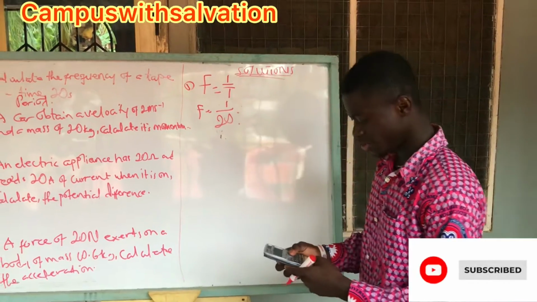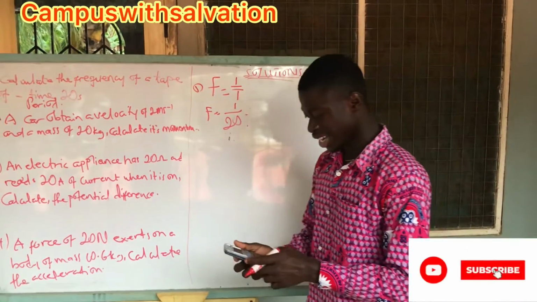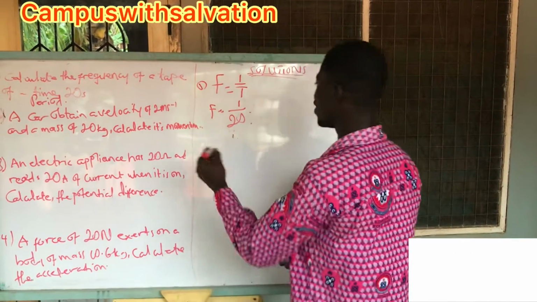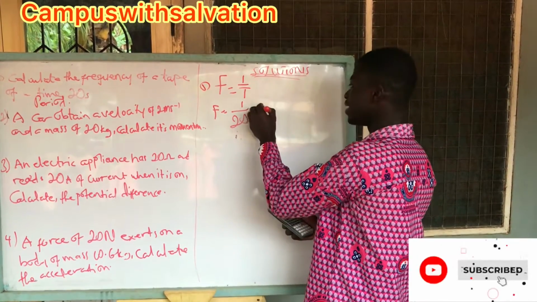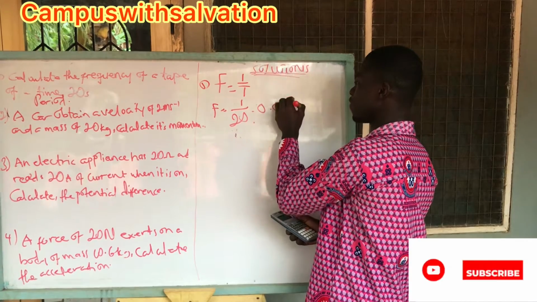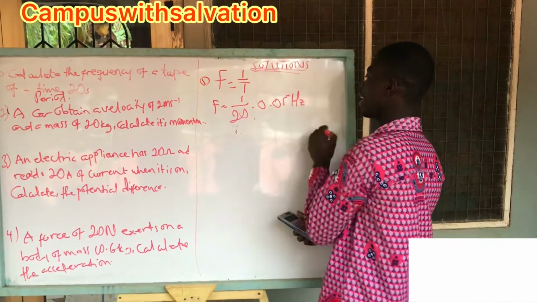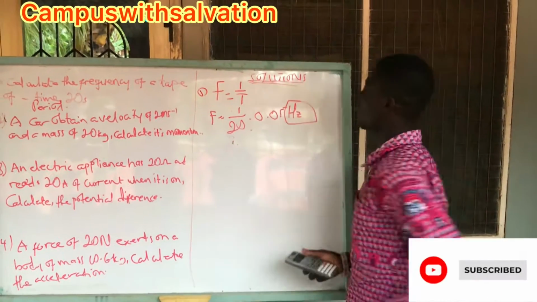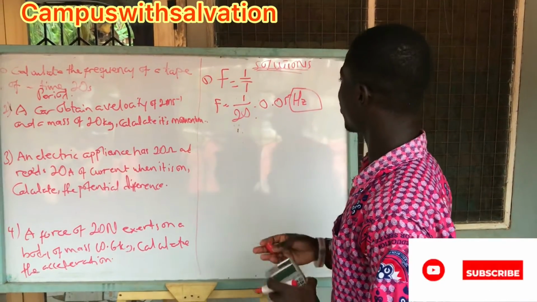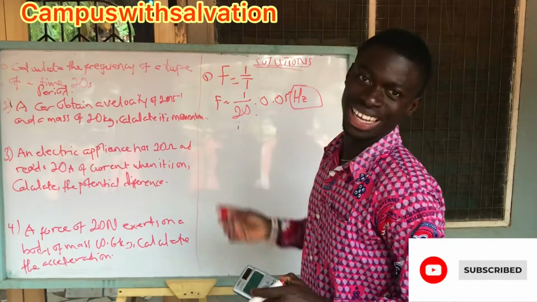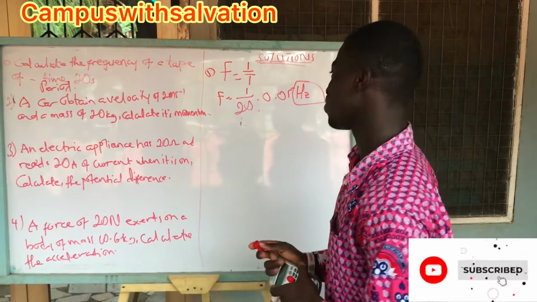That's very simple, but if you don't understand, you might find it difficult. So the frequency of this particular tape is 0.05 hertz. And these are the units. Please don't forget, and also notice the units very well because they are even more important than the answer itself.